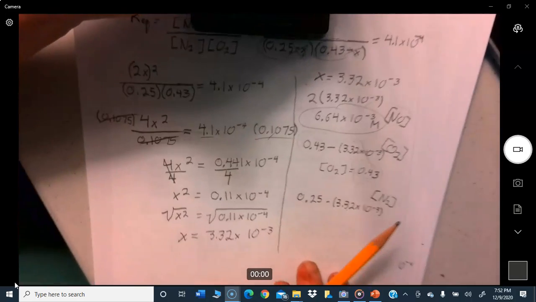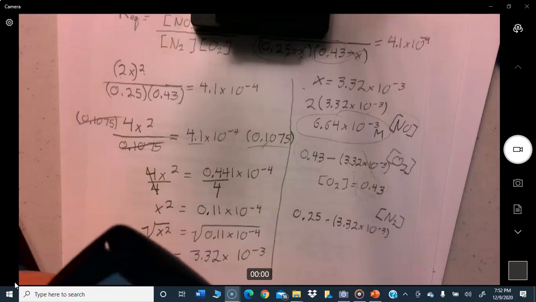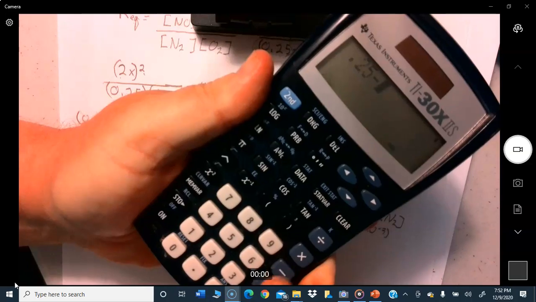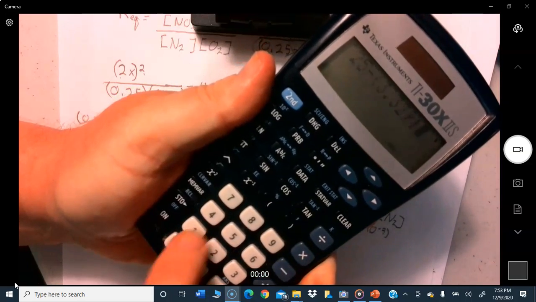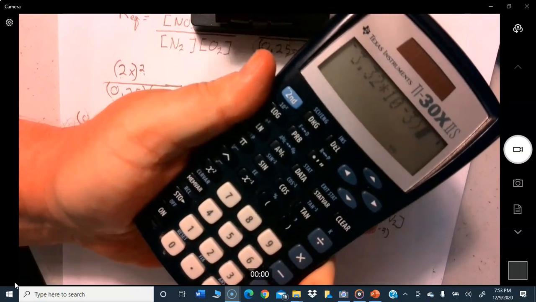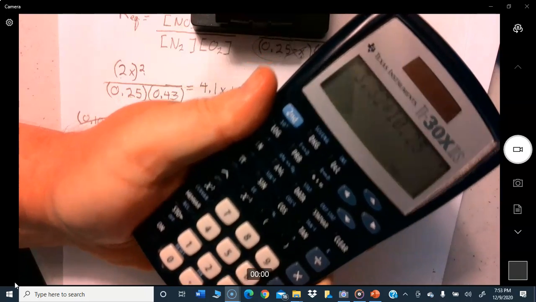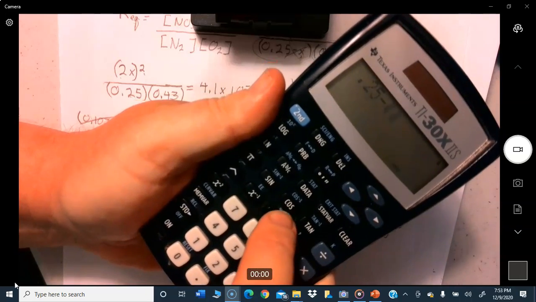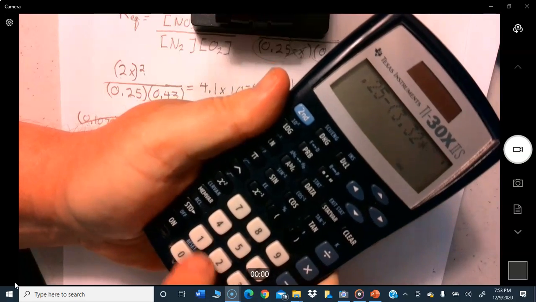So we're going to do that on the calculator. Okay, 0.25 minus, parenthesis, 3.32 times 10 to the negative third, close the parenthesis, and you get, I get something wrong. Let's try it again. Let me clear it. 0.25 minus 3.32 times 10.